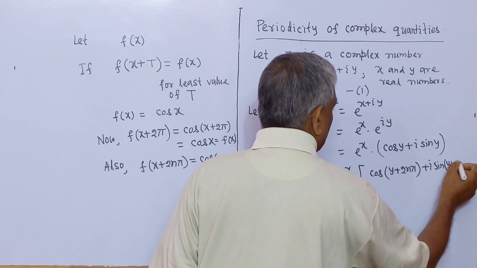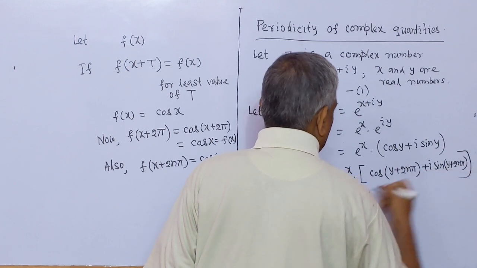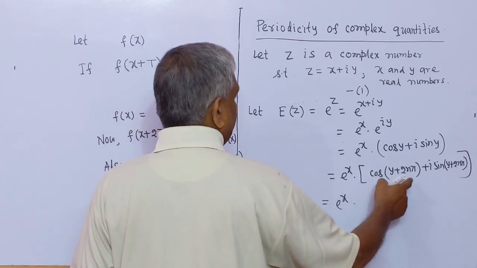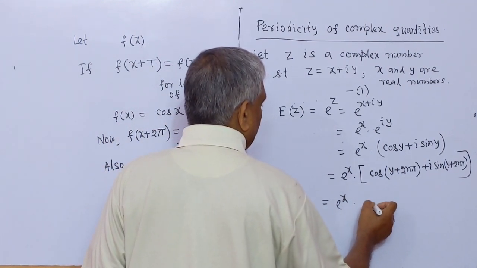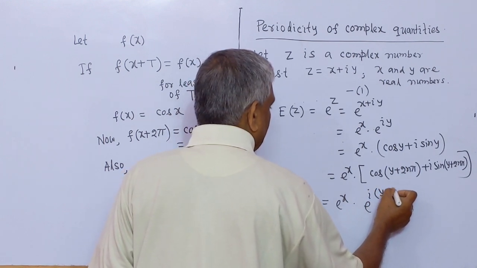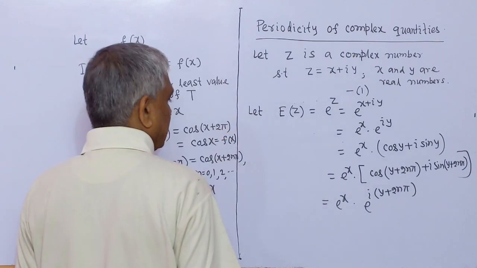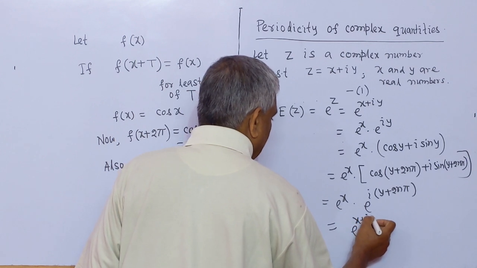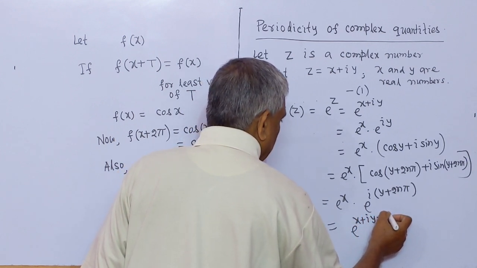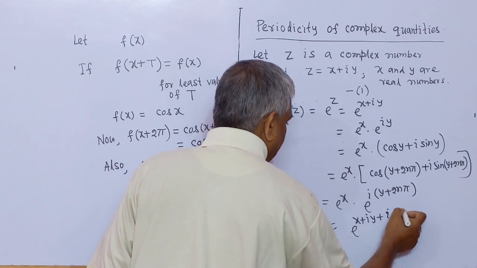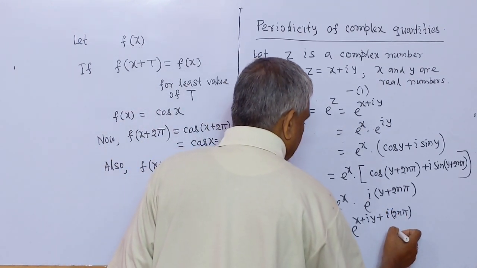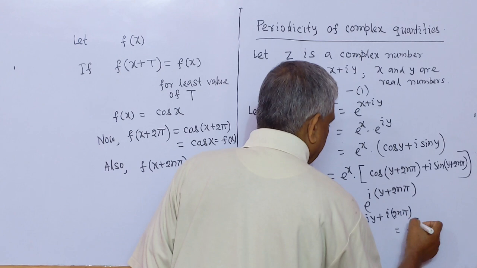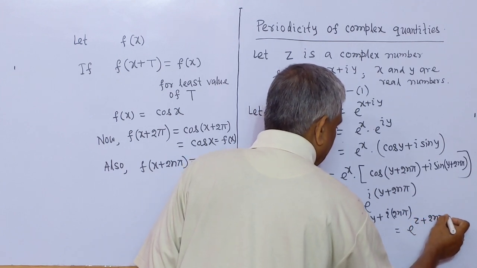This will be equal to e to the power x multiplied by e to the power i(y plus 2n pi), and we may write this as e to the power x plus iy plus i 2n pi, and x plus iy is z, so z plus 2n pi i.